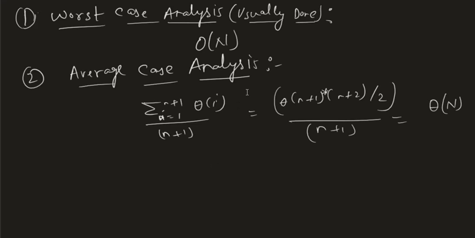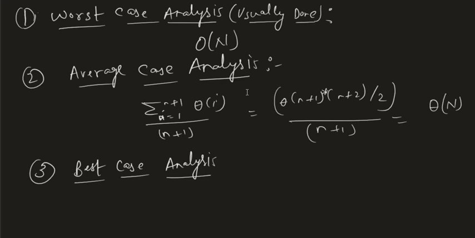Now we are talking about our third case, best case analysis. In the best case analysis, we calculate the lower bound on running time of an algorithm. We must know the case that causes the minimum number of operations to be executed.